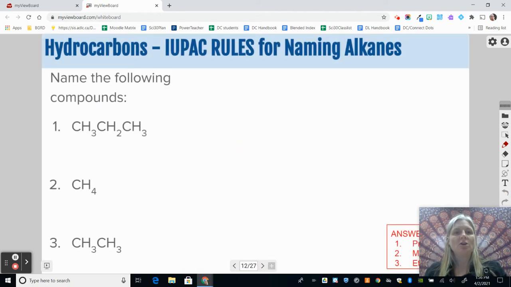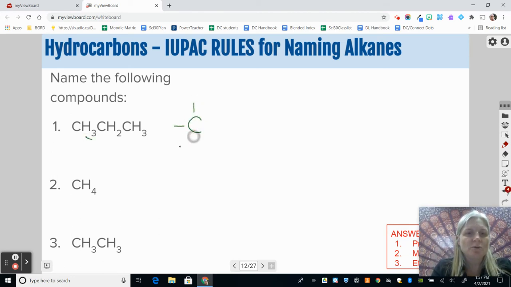Alrighty, so moving on. Let's use some of the rules for naming alkanes. These are the simple ones right now. You can just find these in your data booklet. There are no twists or bends or anything added onto these chains. Basically, right now you have a carbon with 3 hydrogens attached to another carbon with 2 hydrogens, attached to a third carbon that has 3 hydrogens on it.